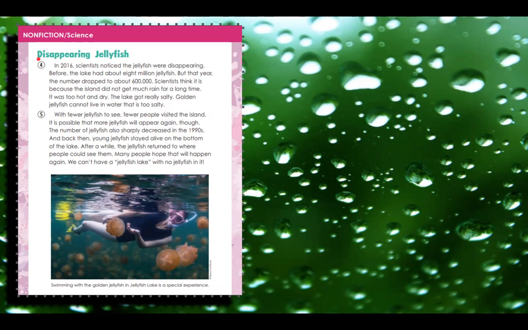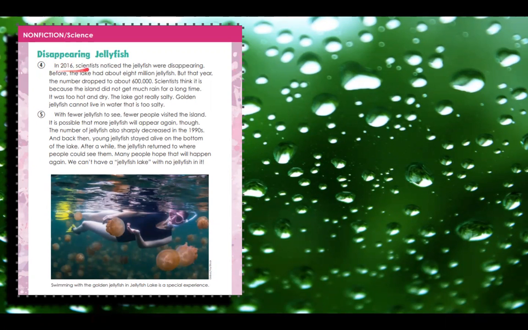And when you put the prefix, which is not a word that stands on its own, it's a word part called dis, in front, it means not. So these jellyfish are not appearing. Ing is ing, and that's a suffix. They're not appearing anymore. So disappearing means they're going away. The word dis means not.